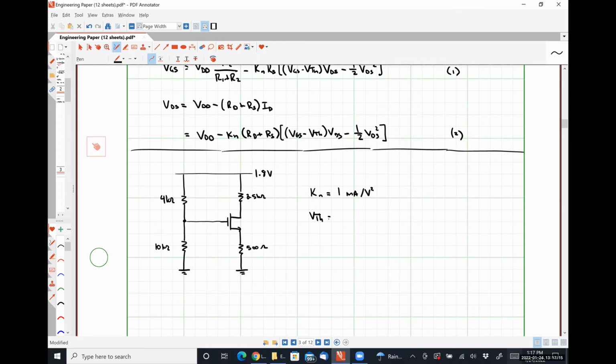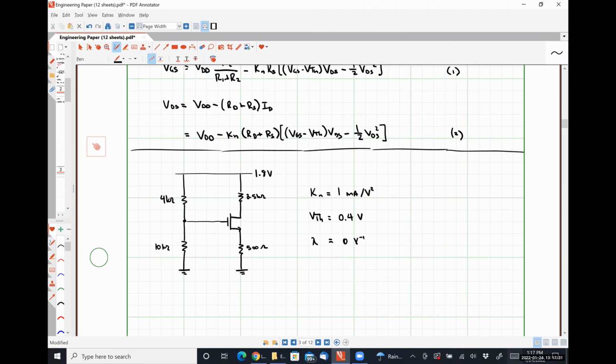Our threshold voltage is 0.4 volts. And our channel length modulation coefficient lambda is 0 per volt.